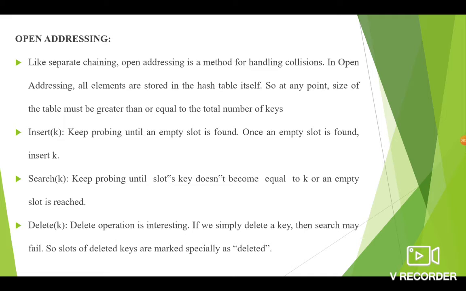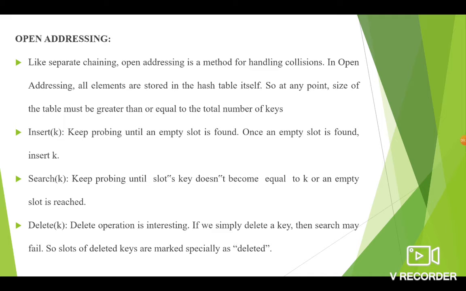For example, we can do several operations: insert of k, search of k, delete of k in this hash table data structure. Insert of k means keep probing until an empty slot is found. Once an empty slot is found, you can insert k into that position.